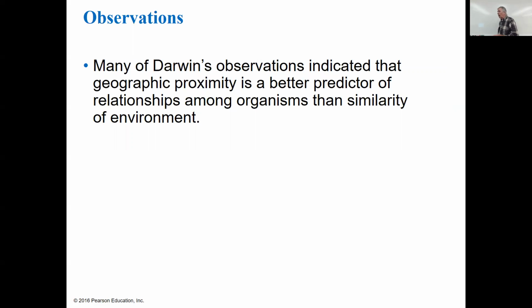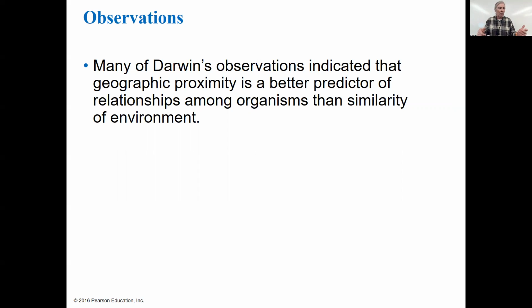So many of Darwin's observations indicate that geographic proximity is a better predictor of relationships among organisms than similarity of environment. And this was part of biogeography. Particularly in a desert, so there's the Atacama Desert in South America, there's the Kalahari Desert in South Africa, and then there's the Australian Desert, and they're all on the same latitude, and they're all very similar environments, but they have very different organisms that live in them.